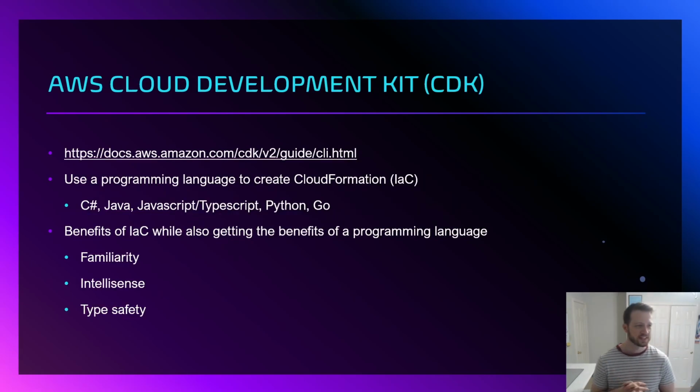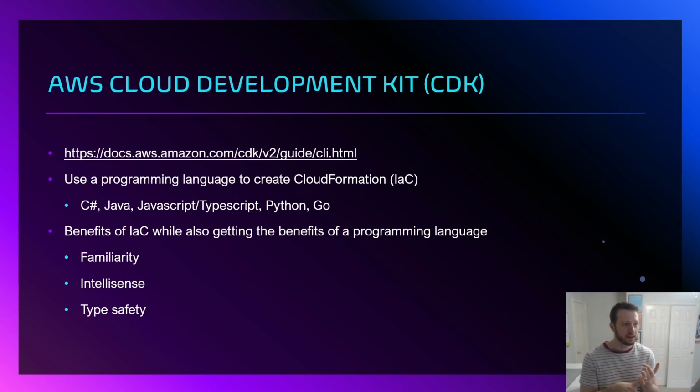Okay, so this is kind of getting into the meat before the code demo. The Cloud Development Kit, CDK. What is the CDK? It is a way to create CloudFormation, which is Amazon's infrastructure as code. But you create it by writing in a programming language that I've listed there. In this case, we're going to do C#. The benefits are obviously all the benefits you normally get with a programming language.